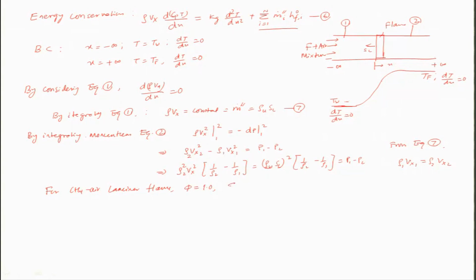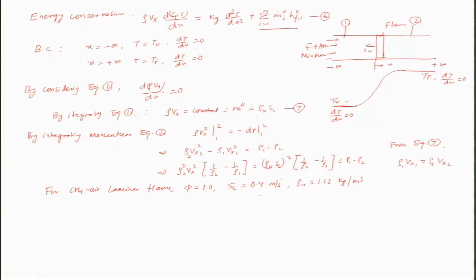I will consider SL as 0.4 meter per second, basically 40 centimeter per second, and rho u I can take as 1.12 kg per meter cube density. I have taken air, but it may be some order of that.